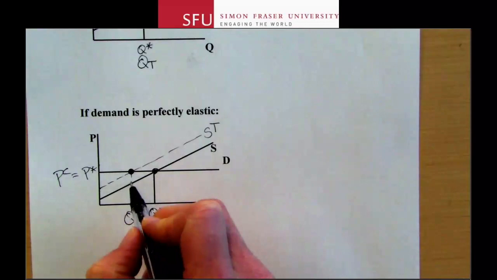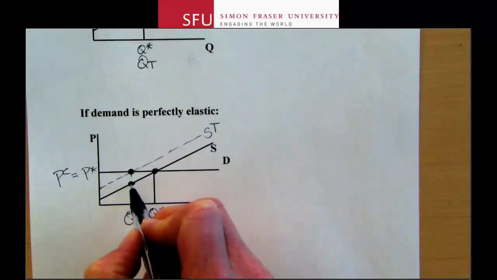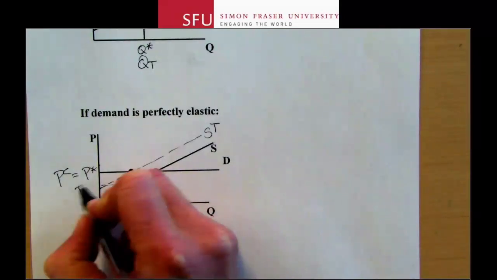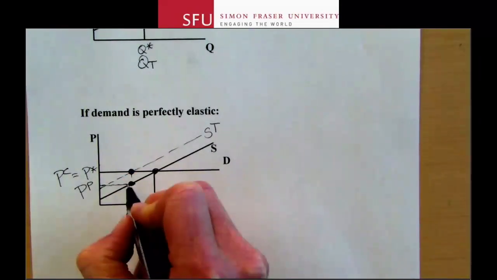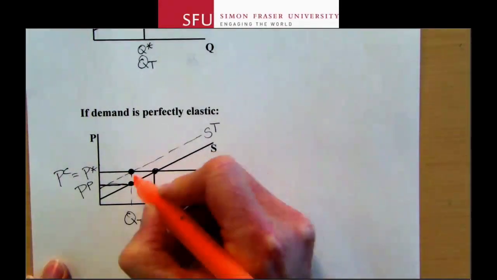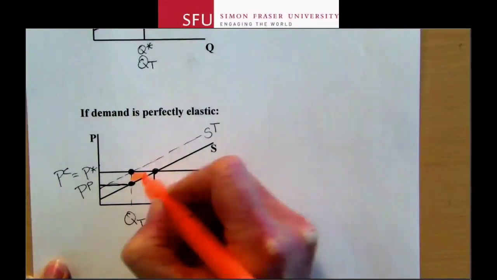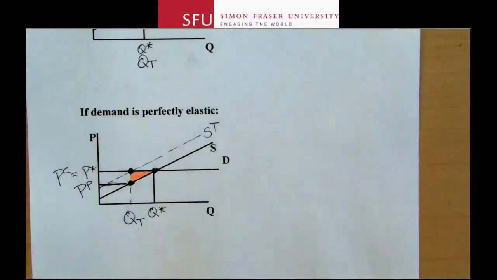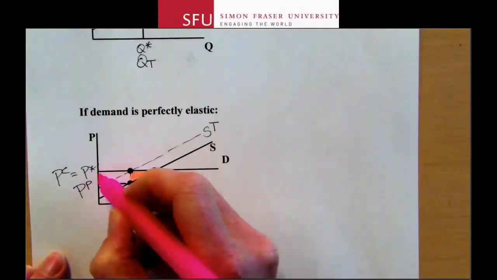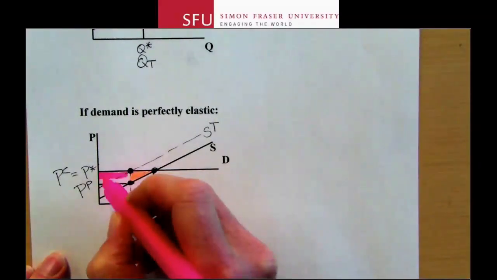They send this much to the government, so the seller only gets to keep this price here. Okay, so now we have deadweight loss, and we have no consumer incidence. This would all be producer incidence.